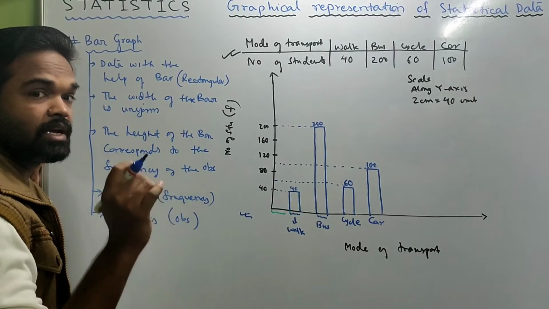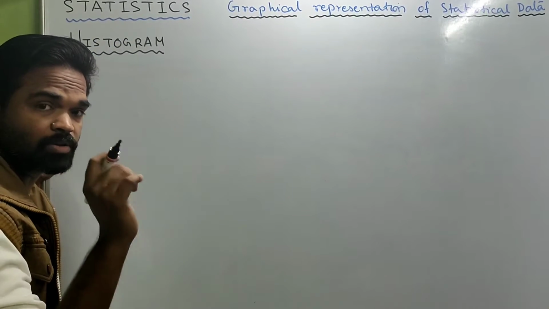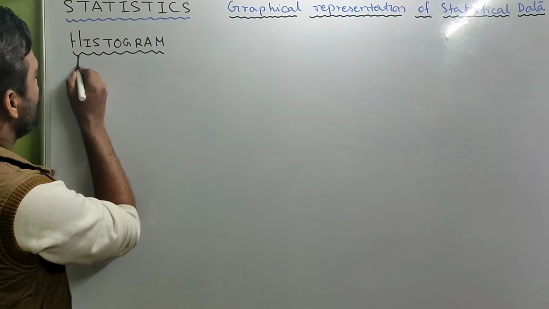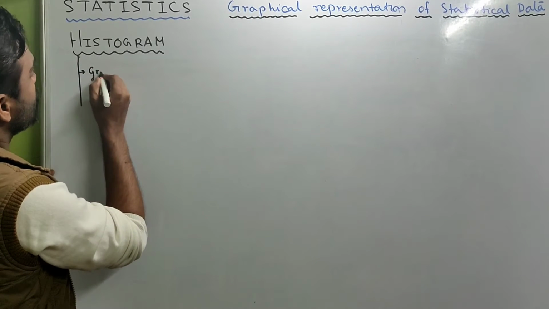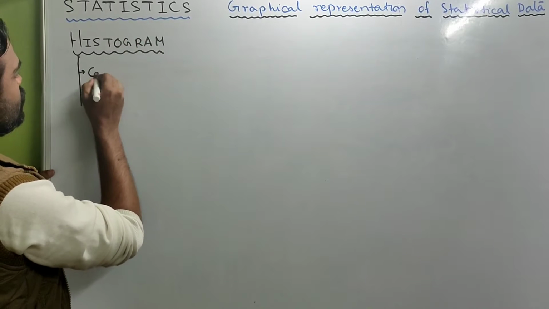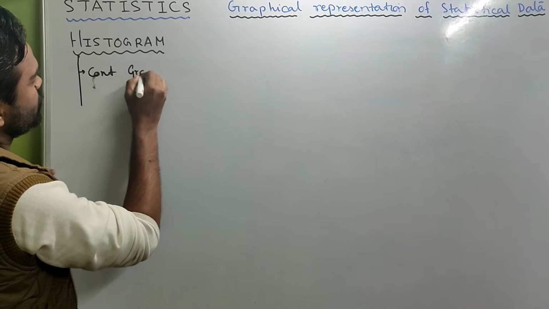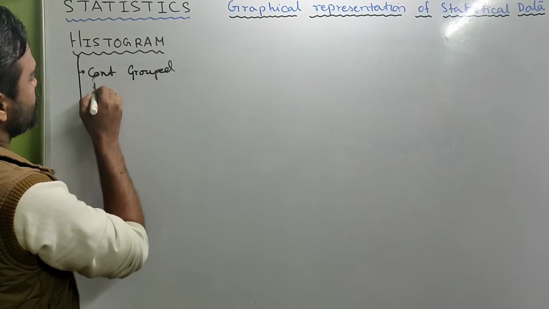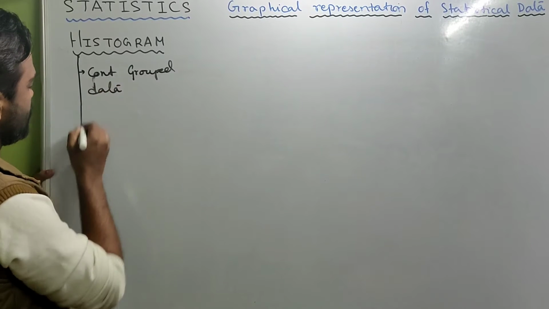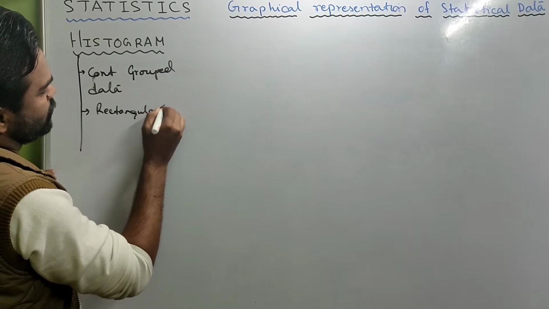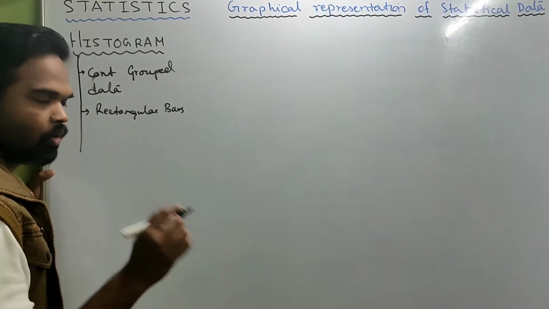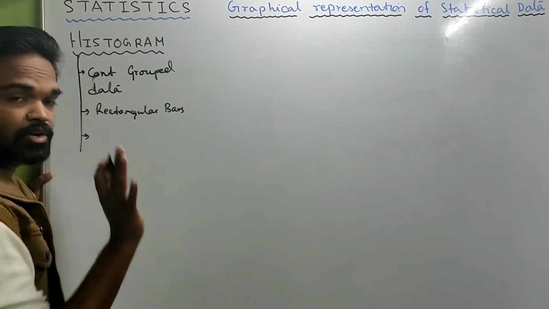Now let us see the histogram. A histogram is used to represent continuous grouped data with the help of, again, rectangular bars. Over here it has to be continuous first of all.